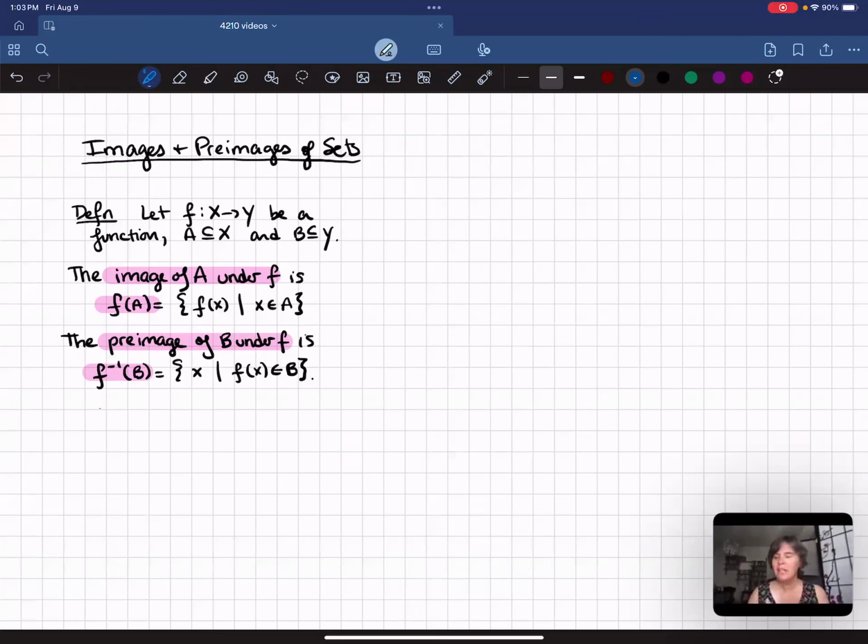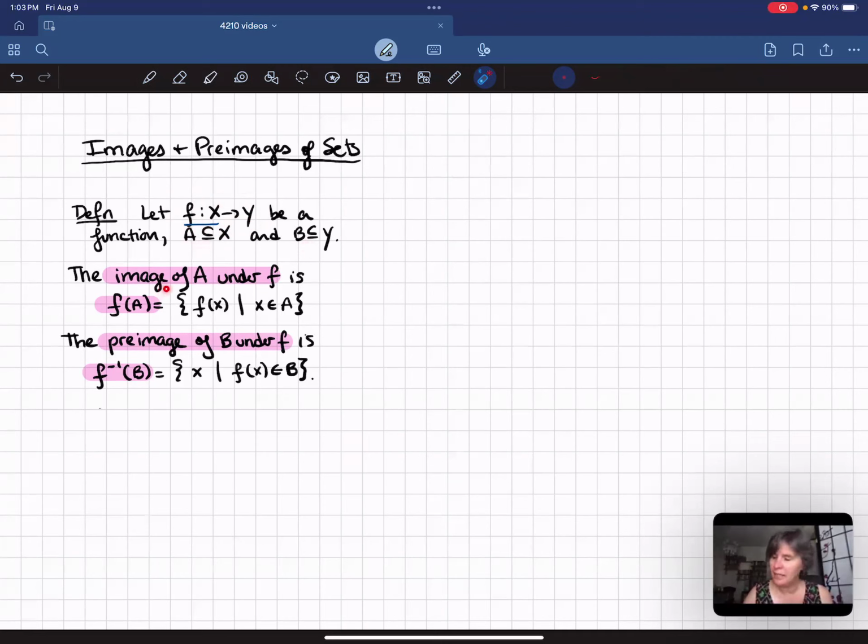All right. This comes up when we're talking about a function that goes from one space to another space. So let's say I have a function f that goes from some domain X to some codomain Y. And then we'll think of A as being a subset of the domain and B as a subset of the codomain.